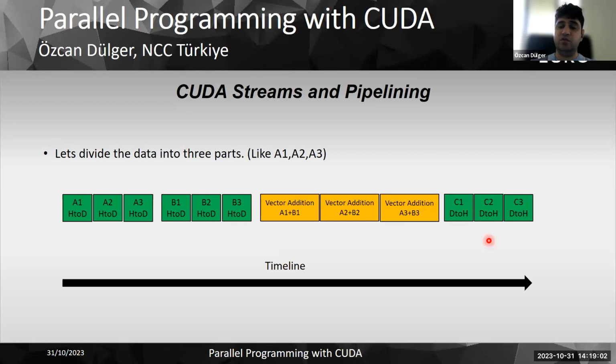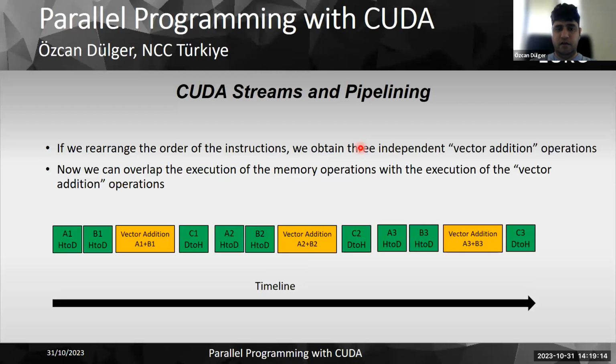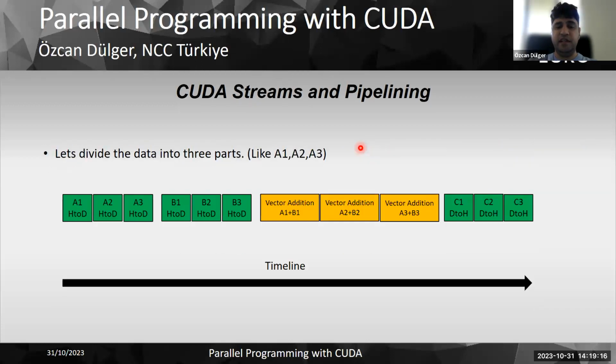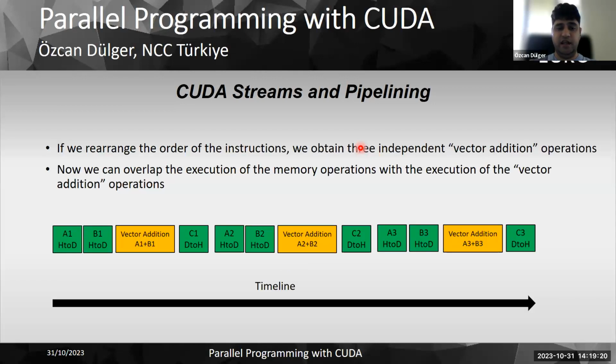And to copy the result to the host array, again, we divide the result into 3 parts. If we rearrange the order of these instructions, we obtain 3 independent vector addition operations here.